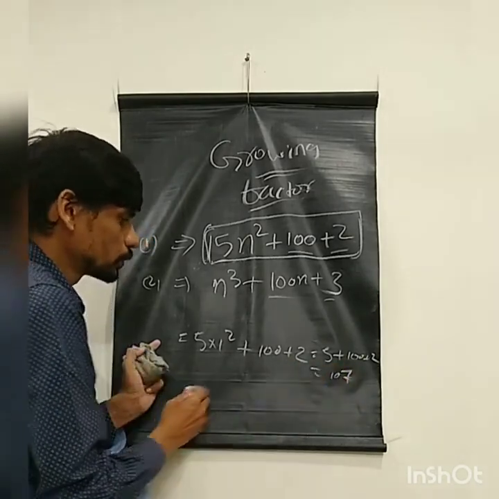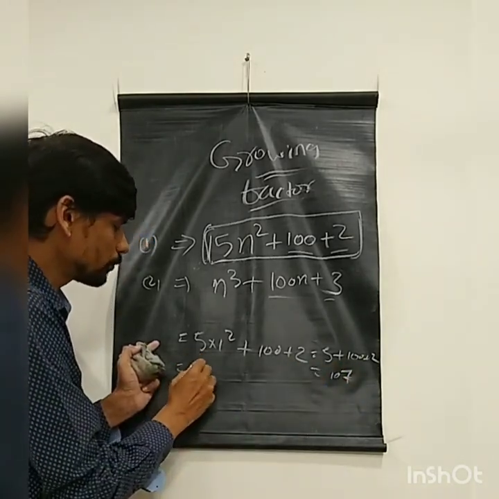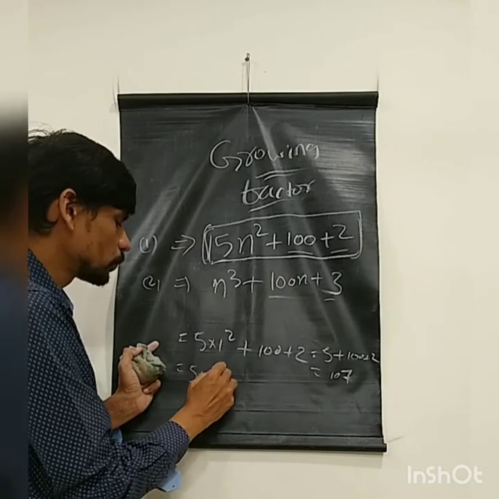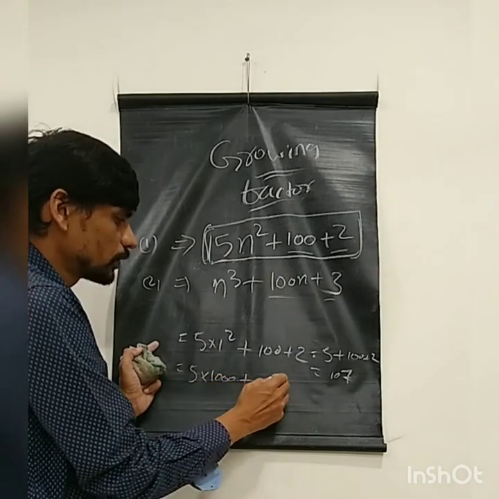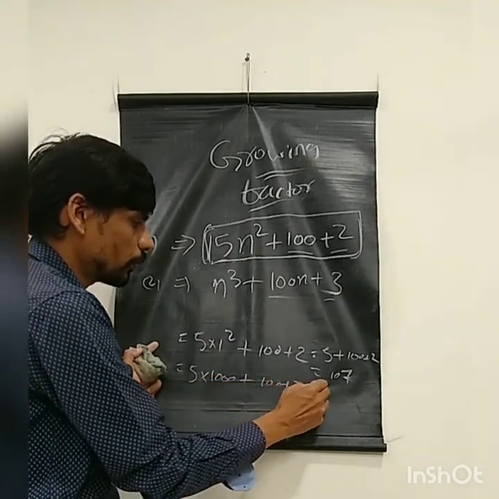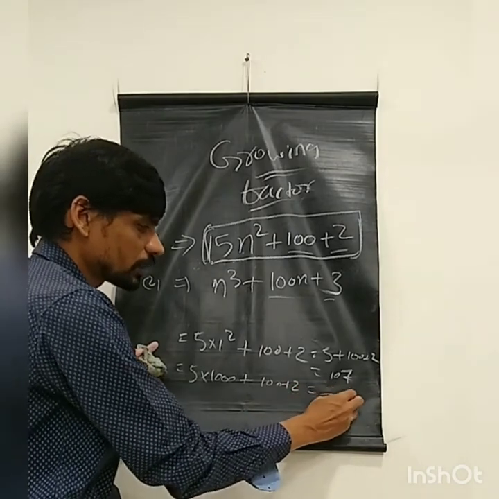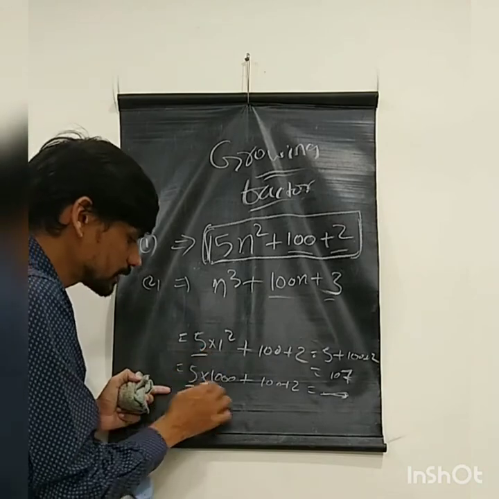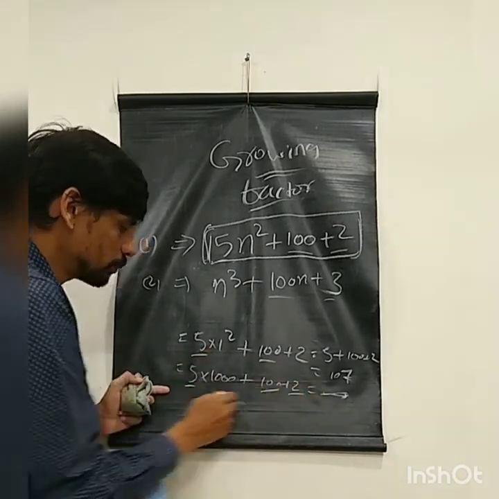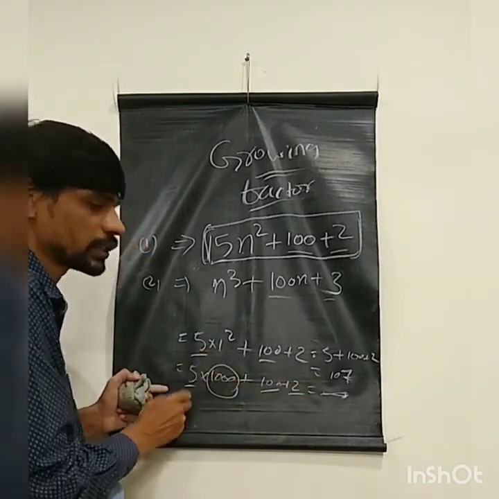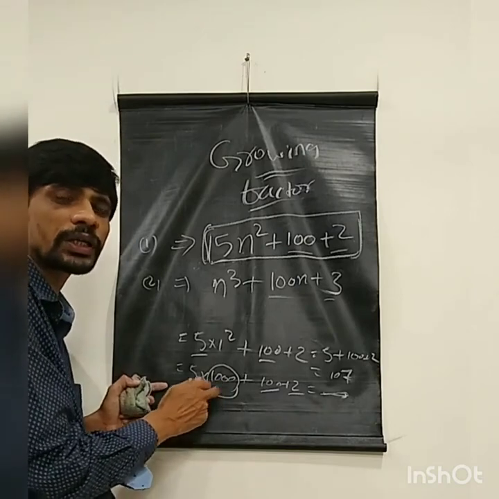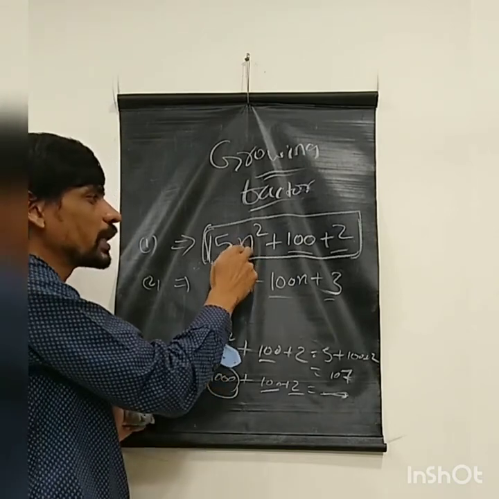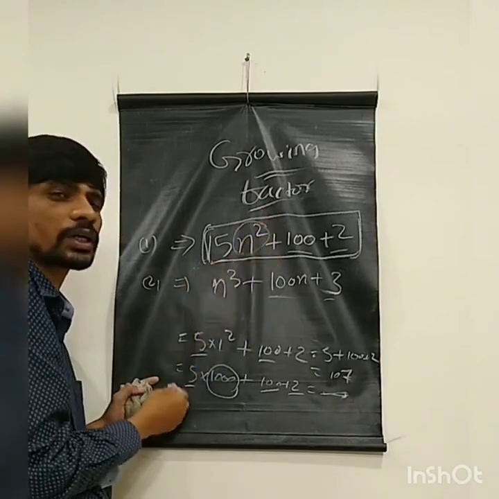Okay. So if my n increases to 1 lakh, the result will also vary, but what exactly changed? This is the same, this is the same, but this n value increased. So the growing factor definitely is my n, this part, right?